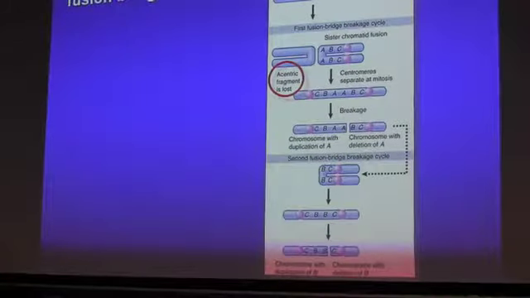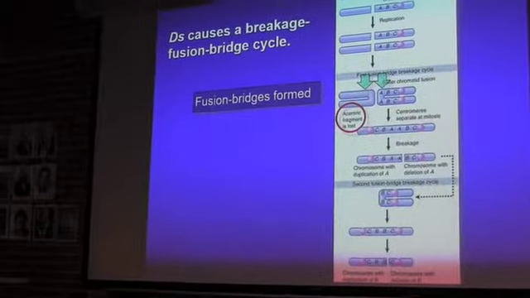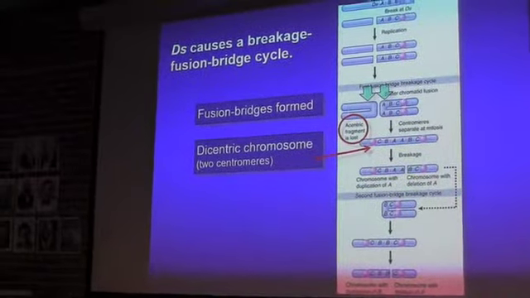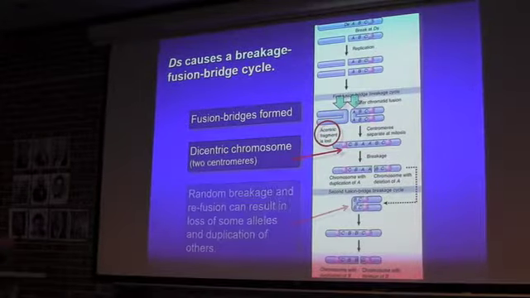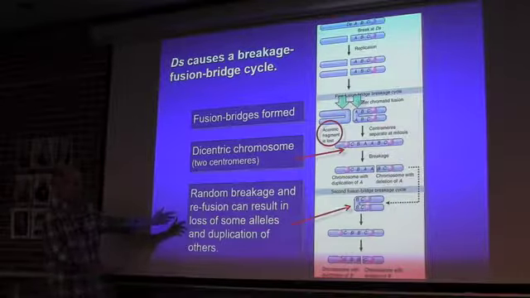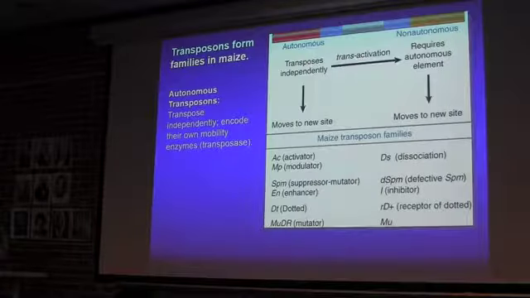Breakage, fusion, bridge cycle, that's what it's called. Fusion bridges are formed. Dicentric chromosomes means 2 centromeres. And then you get a random breakage as you get cell division between the 2 centromeres. This is very disruptive.